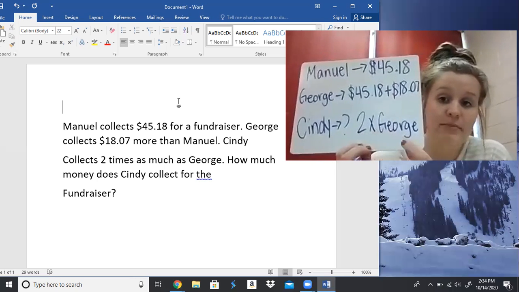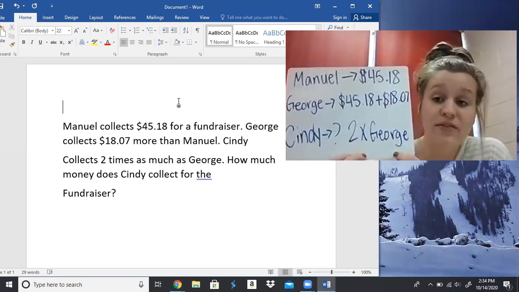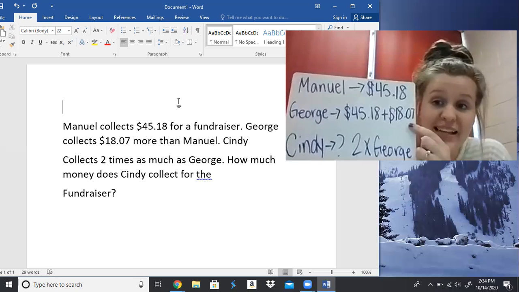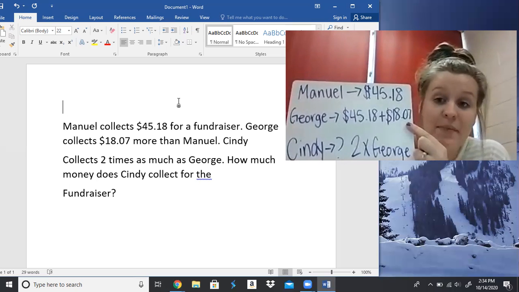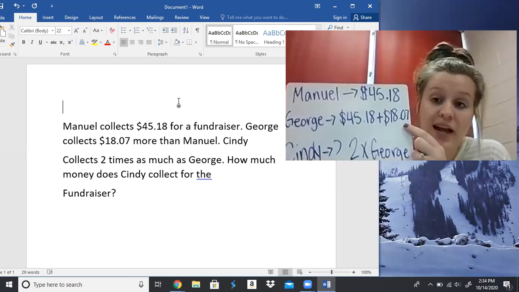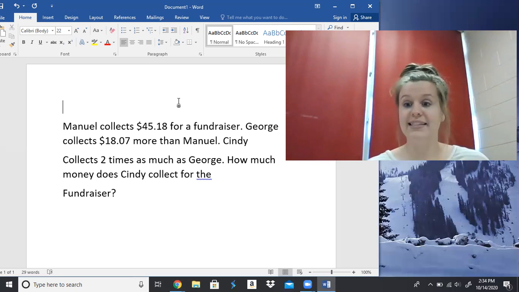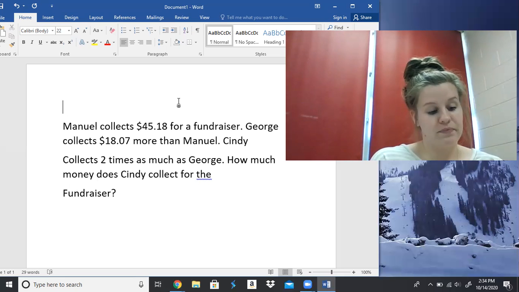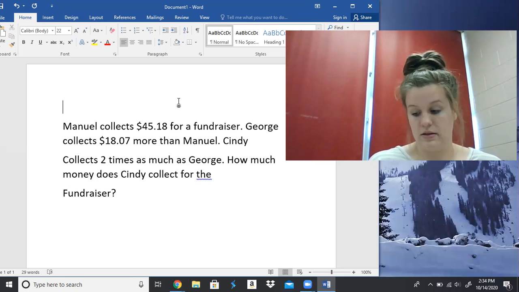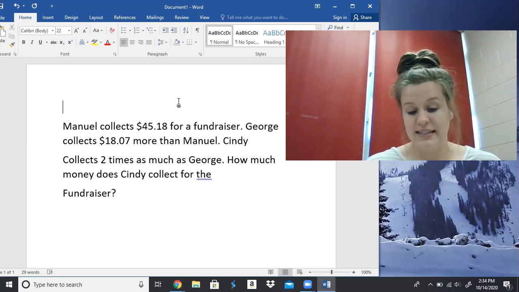We first have to find out how much George collects. So let's go ahead and set up our addition problem for $45.18 plus $18.07. If you have some paper at home, you are more than welcome to set this up with me.